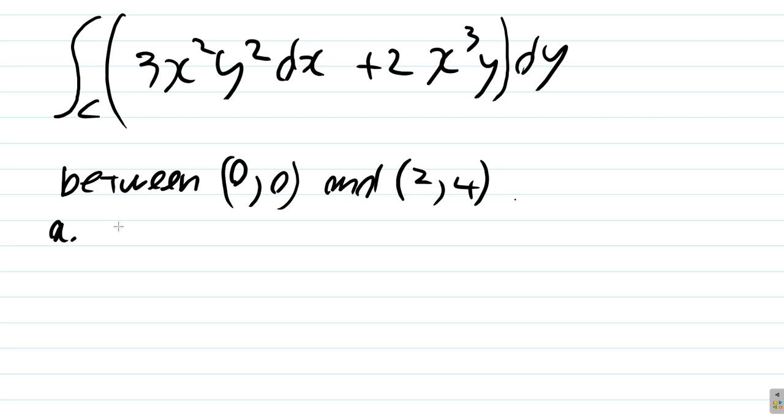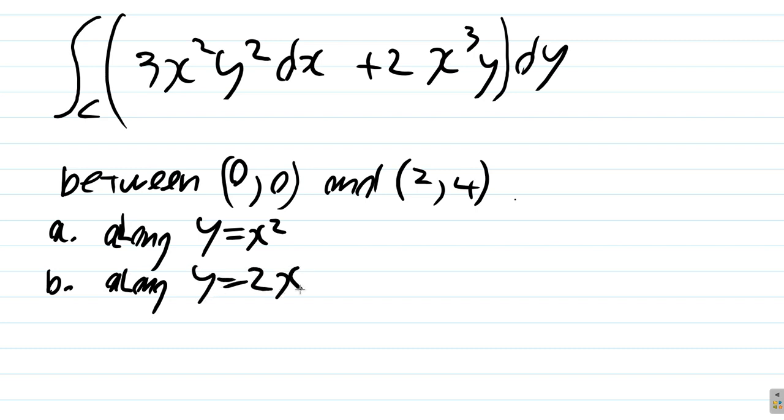Say part A, we go along y equals x squared. In B, we'll go along y equals 2x.